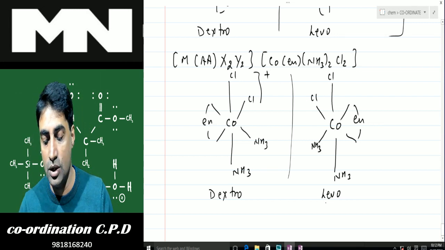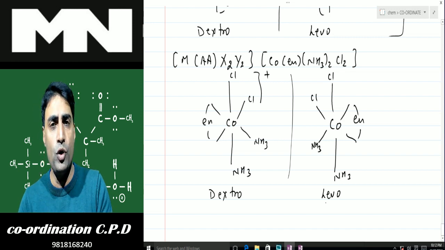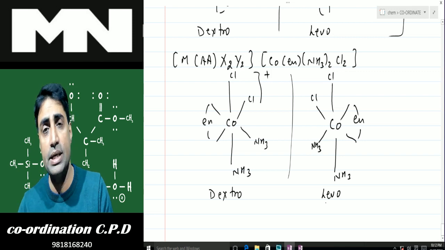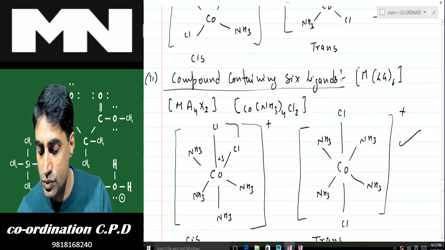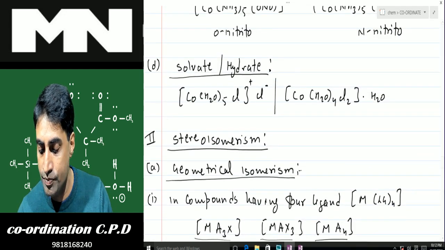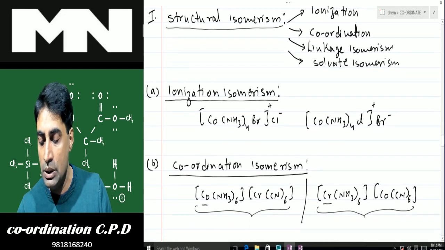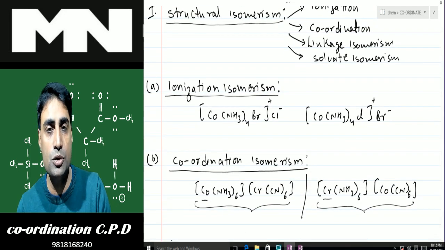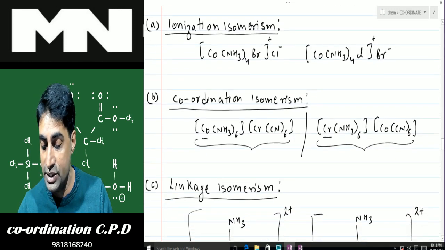This type of optical isomerism you can see in octahedral complexes. Before winding up with the class, once again a recap of this. We'll move on to their isomerism, right from structural isomerism. They exhibit both structural and stereoisomerism. Ionization isomers are the compounds which have the same molecular formula but give different products on ionization.